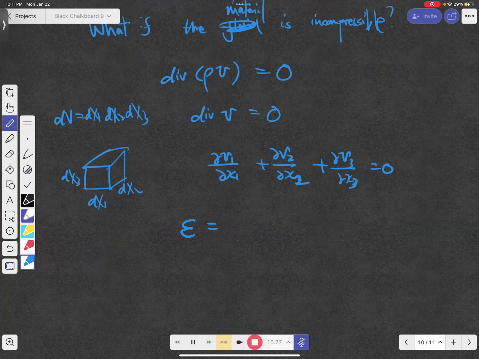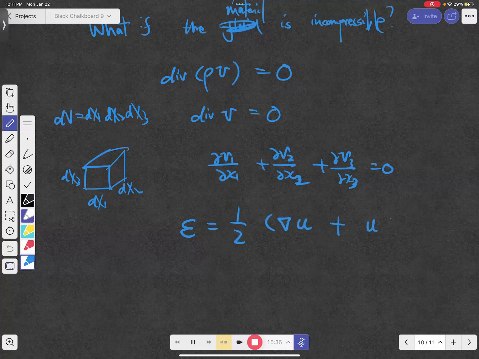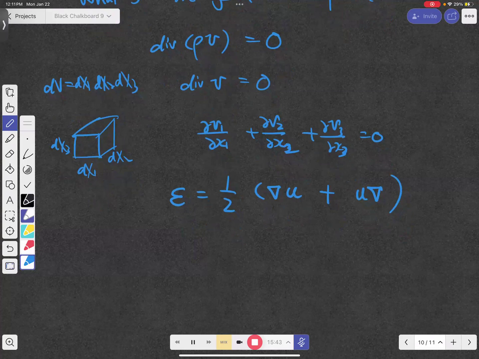What is the definition of the strain? It's one half of the gradient of the displacement plus the transpose of it. Now, what is the rate of change of the strain? In the small deformation regime, we will call it V.